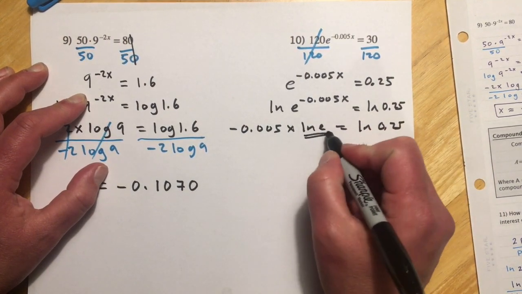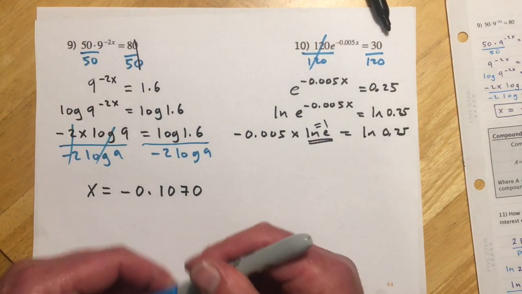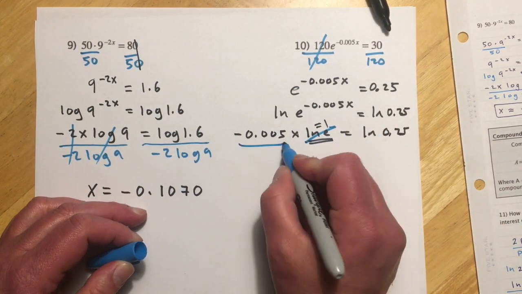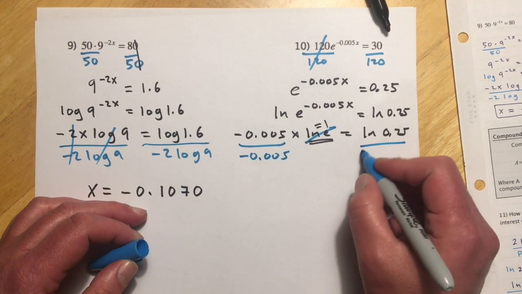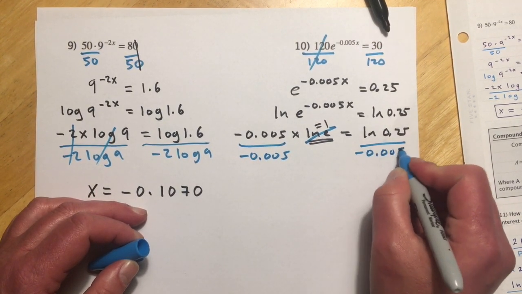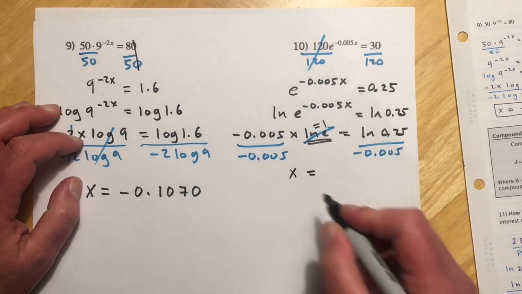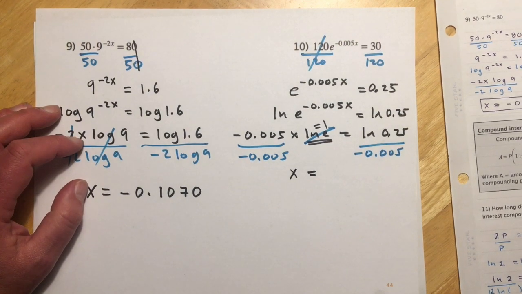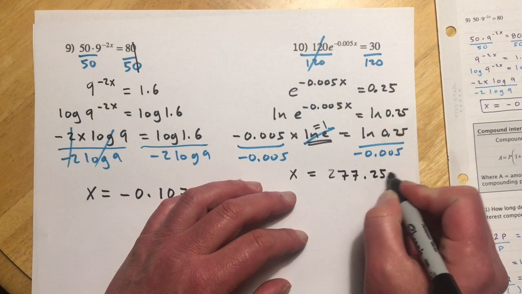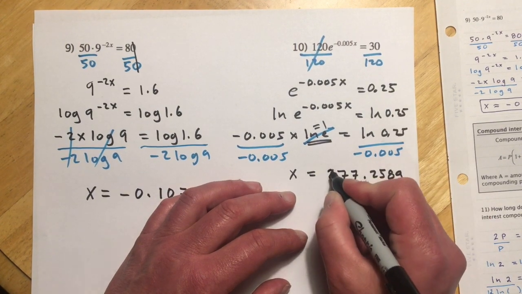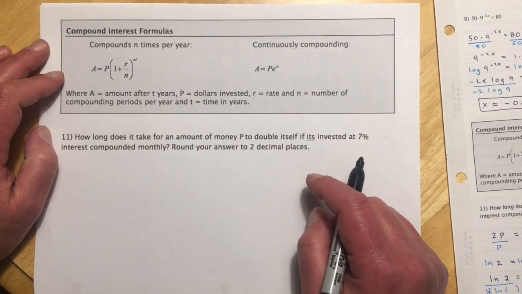And then remember ln e right here equals 1, so that piece drops out. And then we can divide out the negative 0.005 on both sides. And that gets us x equals, let's see, that one comes out 277.2589.